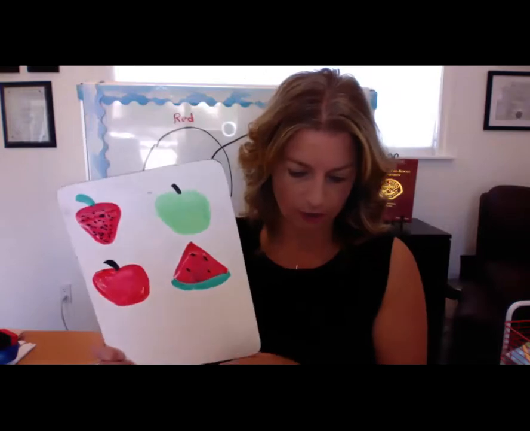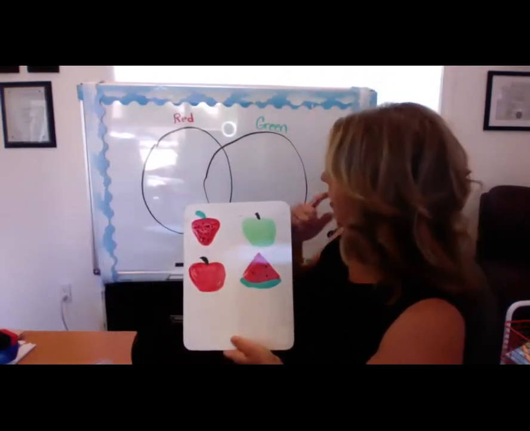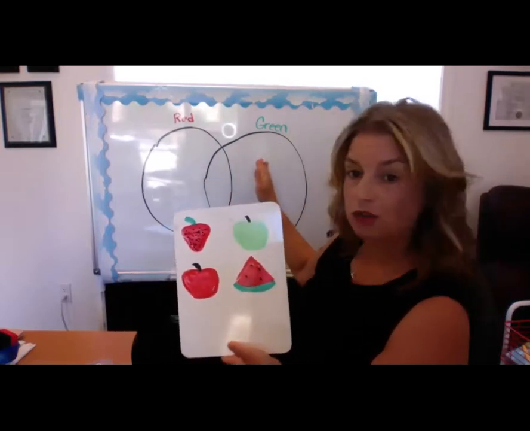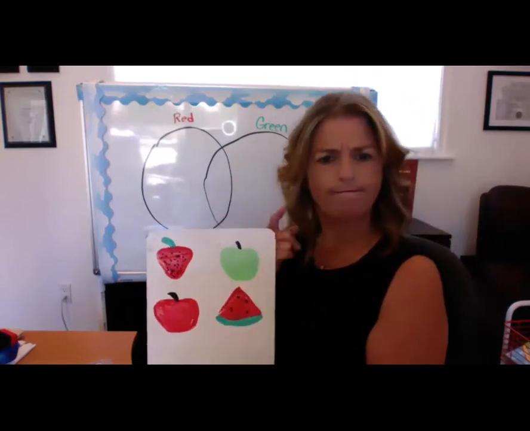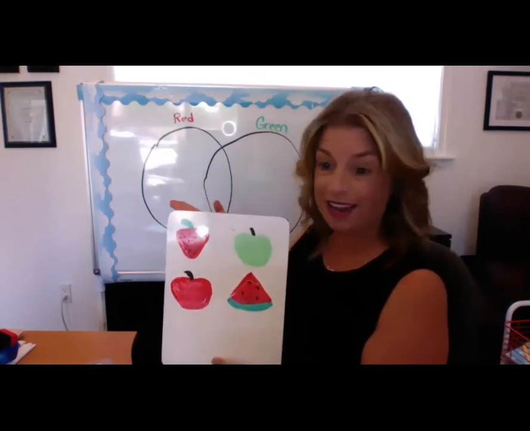Okay, so say we're using these pictures here, and I'm putting these on my Venn diagram. So let's see, I have red fruits, and green fruits. What would go in the middle? Do you know? Right, fruits that are both red and green.